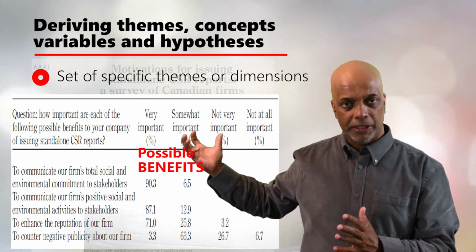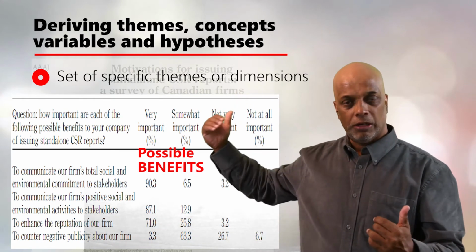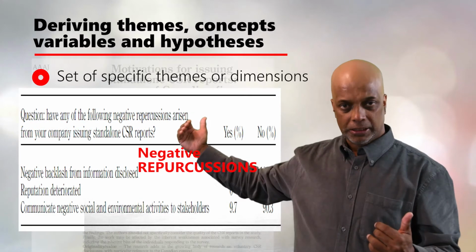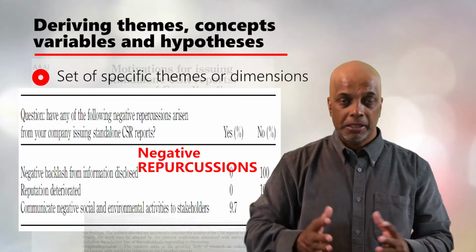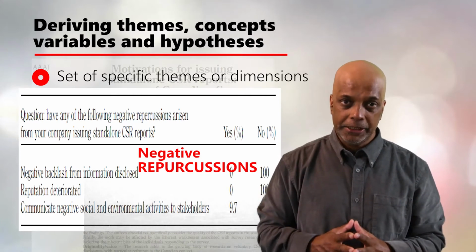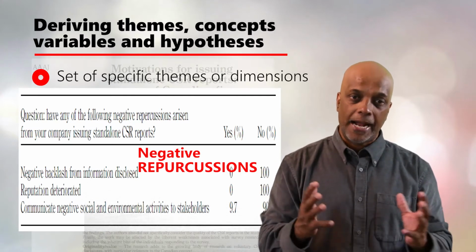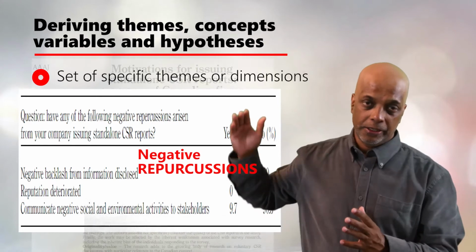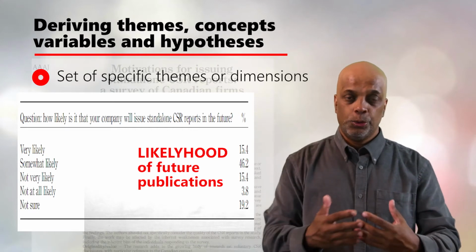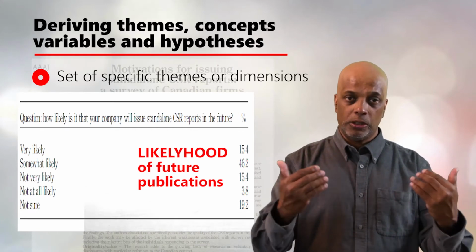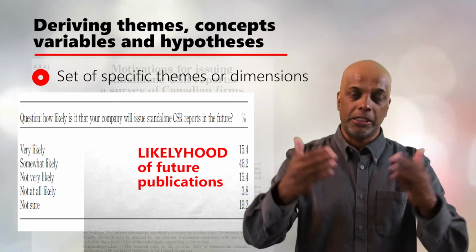What are the possible benefits that they perceive and how do they underlie their decision? And also they want to see whether a particular set of possible negative repercussions matters for these companies in making their decision either to publish or not to publish standalone CSR reports. And in the case of those companies who are not publishing standalone CSR reports, they also want to see whether there is a likelihood that they would publish in the future.